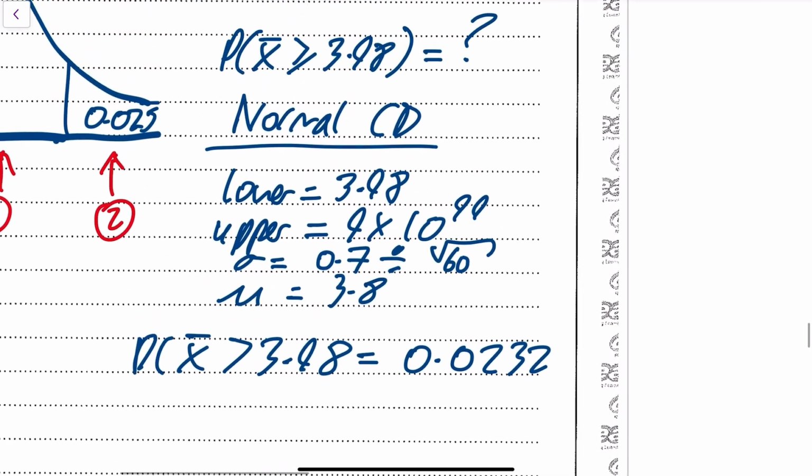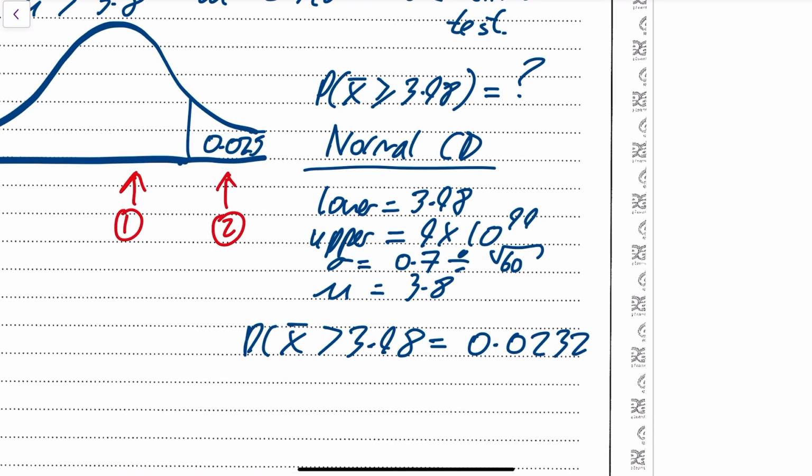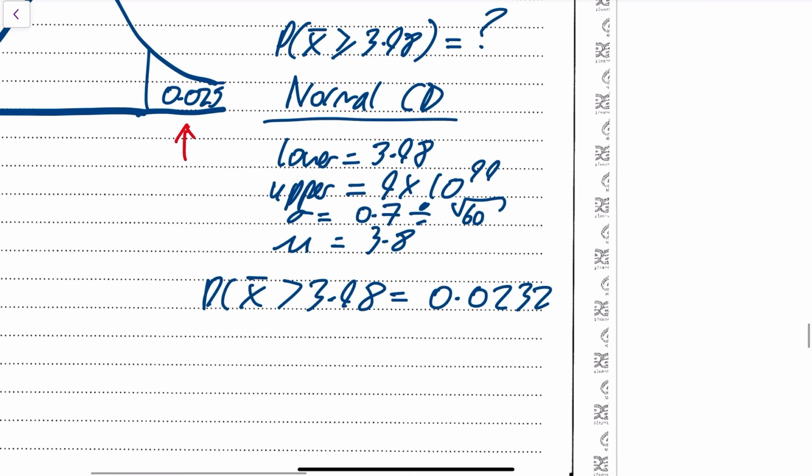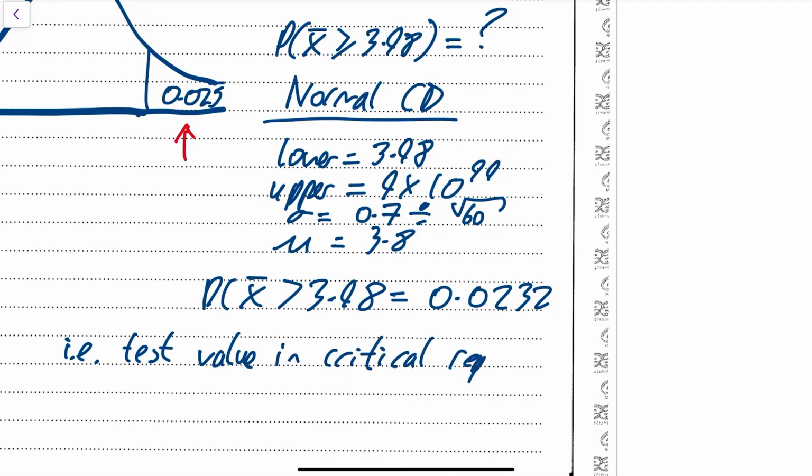And then you can see what I do: I score out this other one. You can see where my test value is. It's gone in here, so it's definitely in that region. And then you just write this up. So, test value in critical region.